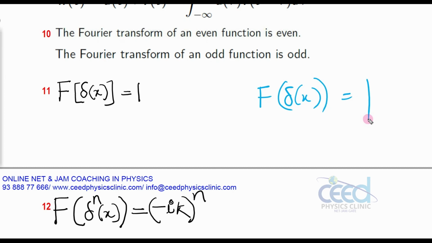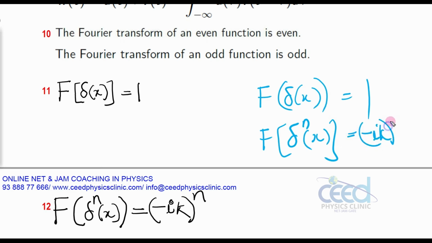If you take the derivative of the Dirac delta function, the Fourier transform of the nth derivative of the Dirac delta function, that is F of delta raised to n of x, has the value minus ik whole raised to n into F of delta x. F of delta x is 1, so it is minus ik whole raised to n.